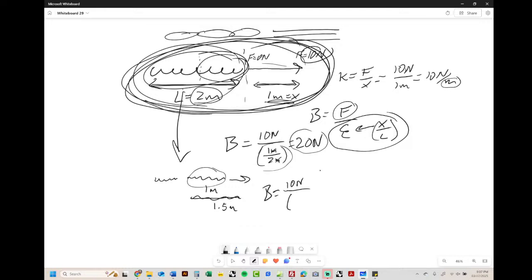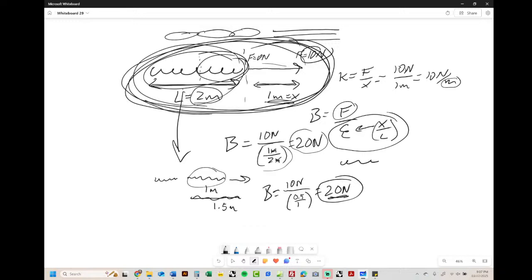And that needs to be divided by this strain, and this strain, its X is 1/2 meter, and the original length is 1 meter, so 1/2 divided by 1 is just 1/2, and buoying is still 20 newtons. So this is kind of a fundamental property of this particular spring material.